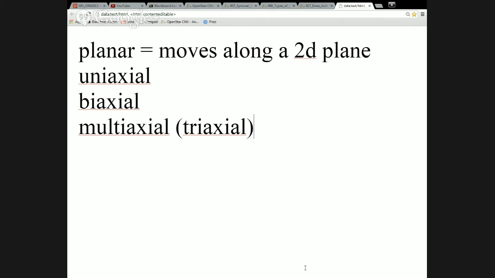Uni and axial are both from Greek. Mono is Latin. So monoaxial is an abomination because it's combining Latin and Greek roots. And that's just not really the way that you're supposed to do that. So if you ever see monoaxial, burn the book because it's an abomination to the Lord. And remember that it's actually uniaxial, which means, again, one axis of movement.